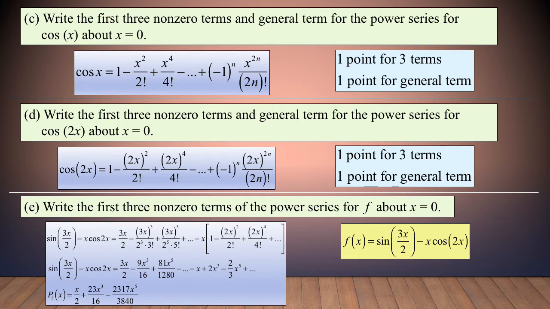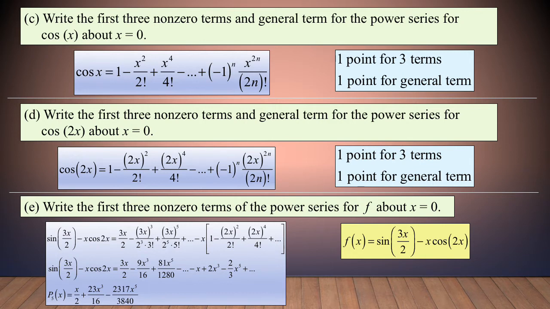We know that sine of 3x over 2 is 3x over 2 minus (3x)^3 over 2^3 times 3 factorial plus (3x)^5 over 2^5 times 5 factorial. We then subtract x cosine of 2x, which is x times 1 minus (2x)^2 over 2 factorial plus (2x)^4 over 4 factorial plus dot dot dot.